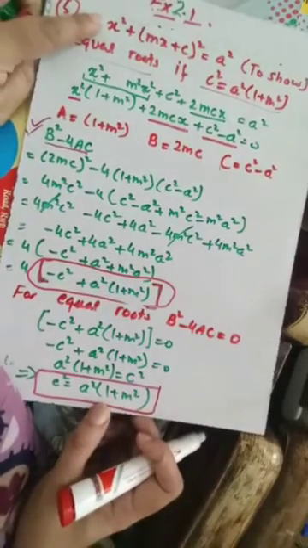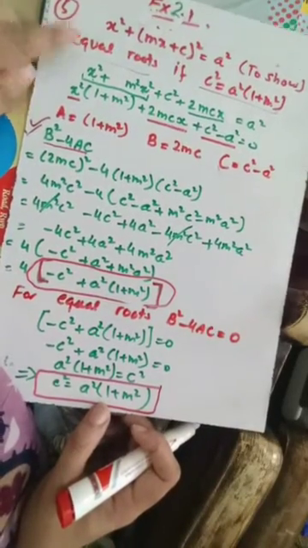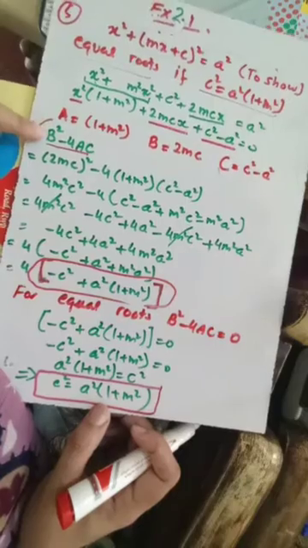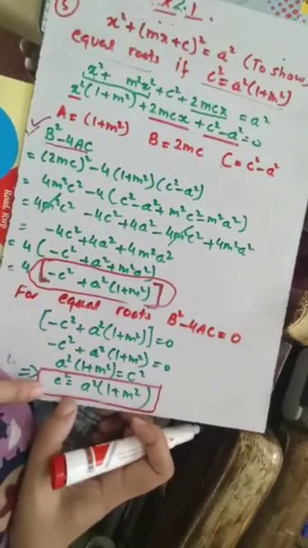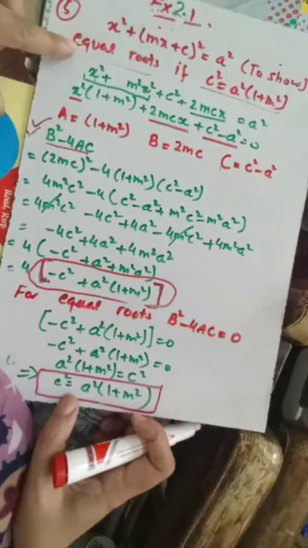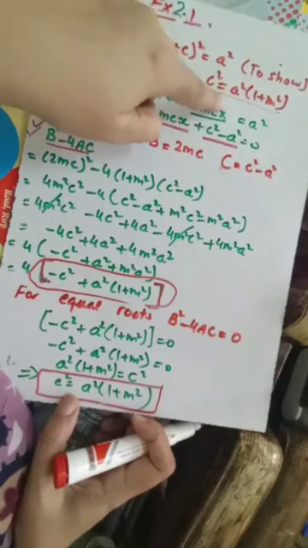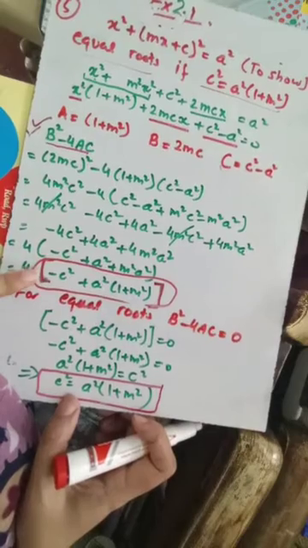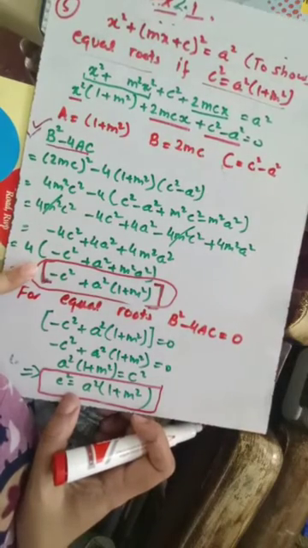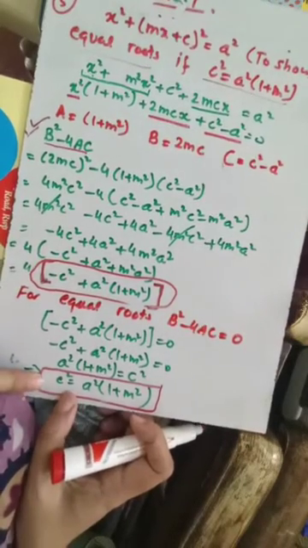Okay, so it means that this expression will have equal roots if the discriminant is equal to 0, and if we make discriminant equal to 0, we are getting this expression. It means that this expression will have equal roots if c square is equal to a square into 1 plus m square, and this we have proved. Applying the condition for equal roots gave us this expression.